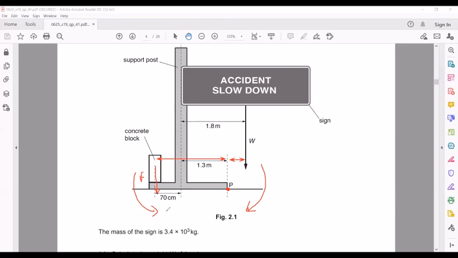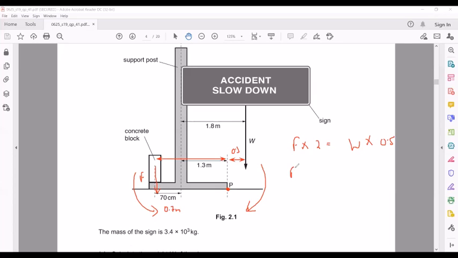So 70 centimeter should be 0.7 meter. So 0.7, and this is already 1.3. So that will make it 2. So clockwise moment and anti-clockwise moment are the same. So I can say F into 2 equals the weight multiplied by the distance from the pivot, which is 0.5.